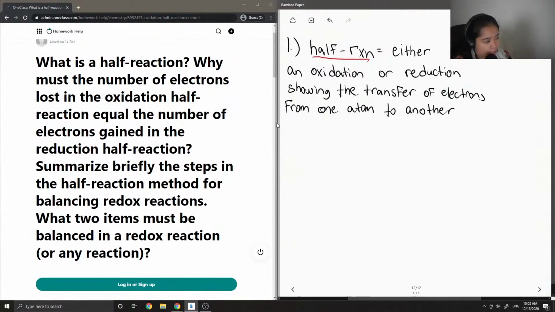So just to answer the second part of the question, why must the number of electrons lost in the oxidation equal the number of electrons gained? So electrons lost is equal to electrons gained. And this is just because of the law of conservation of mass.